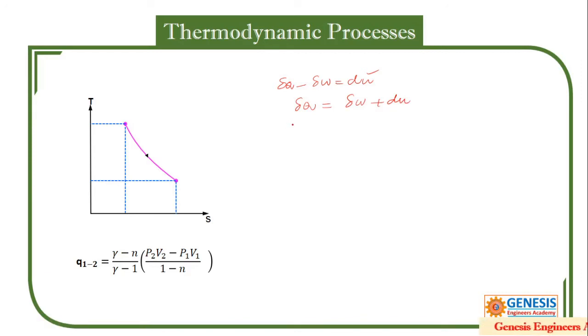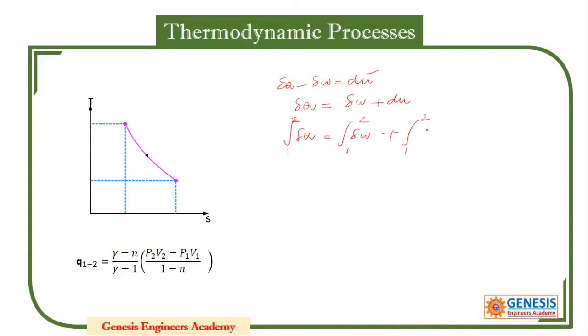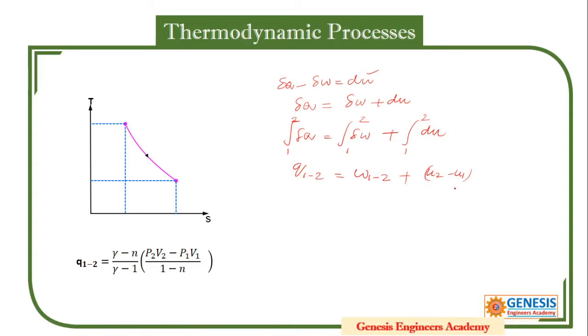If I do integration 1 to 2, delta Q, delta W 1 to 2, that is 1 to 2 dU. Then this becomes Q12, this becomes W12, and this becomes U2 minus U1. Simply, okay. So this I can say is the change in internal energy. So U21, you can also place that.